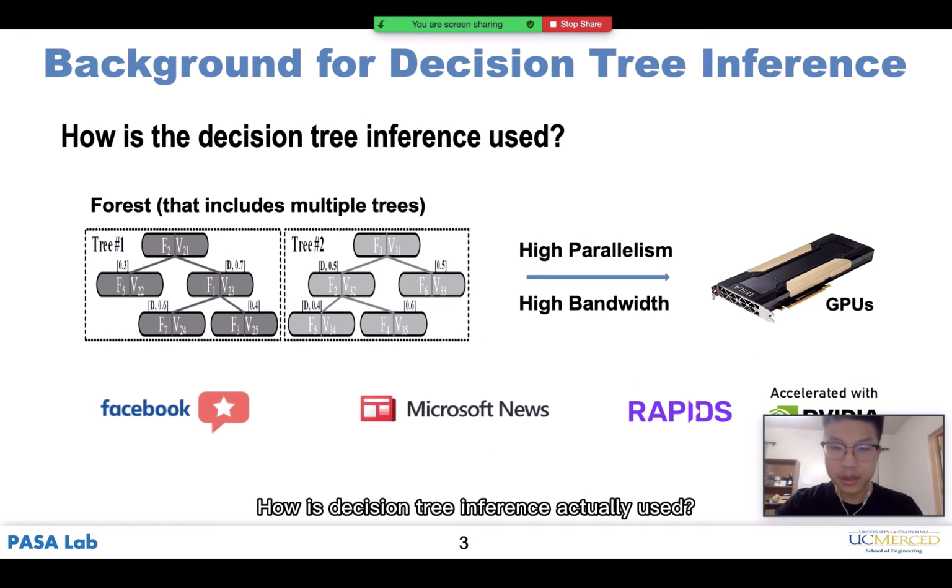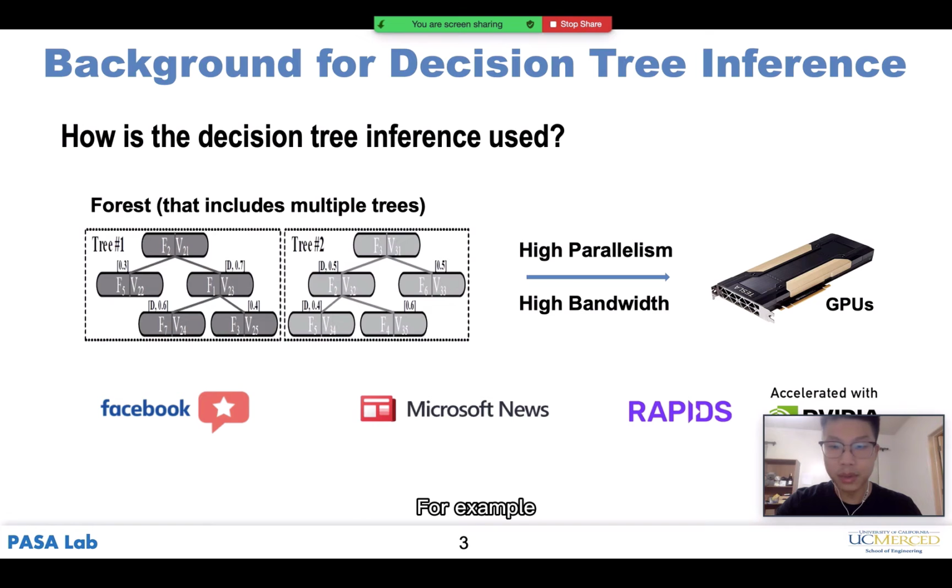How is decision tree inference actually used? A lot of companies use the GPU for tree inference to leverage massive thread-level parallelism and high memory bandwidth to provide high-throughput inference.